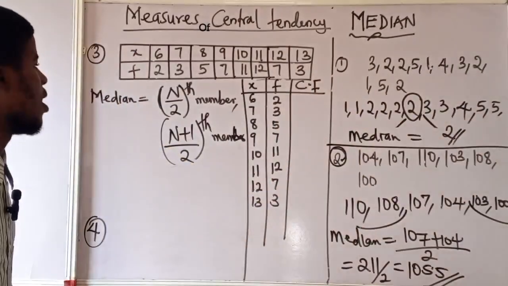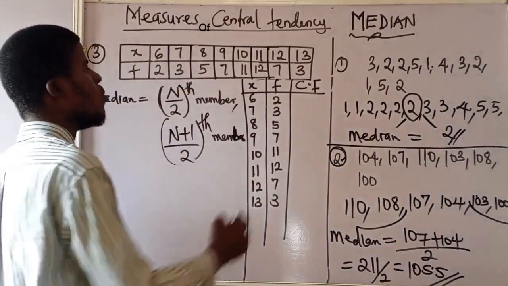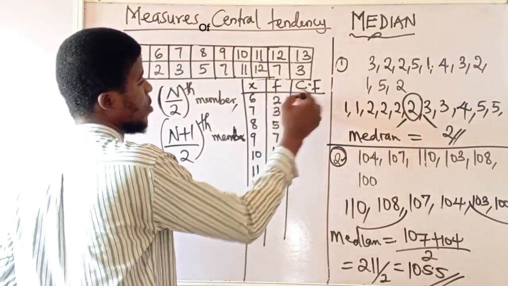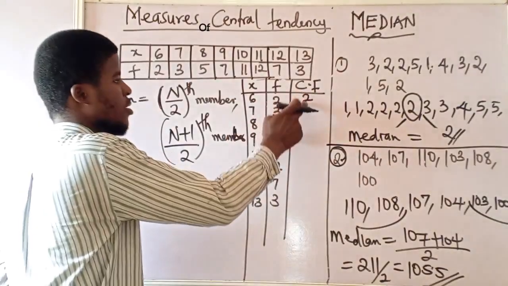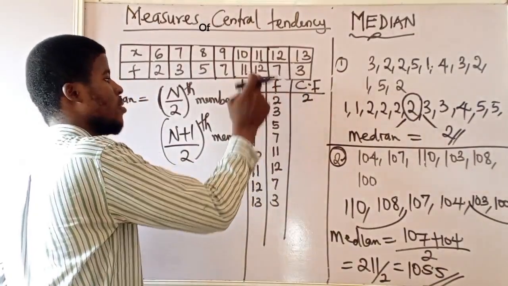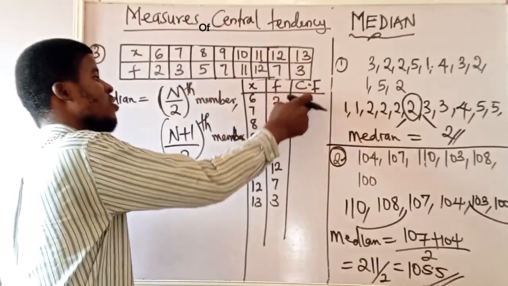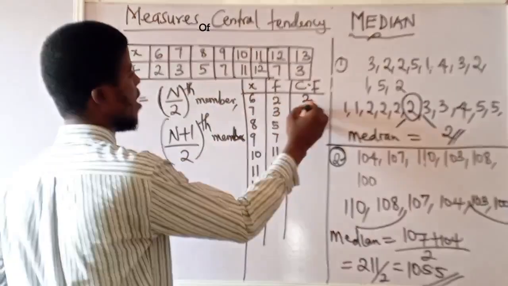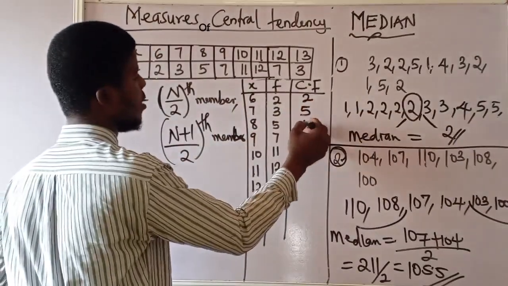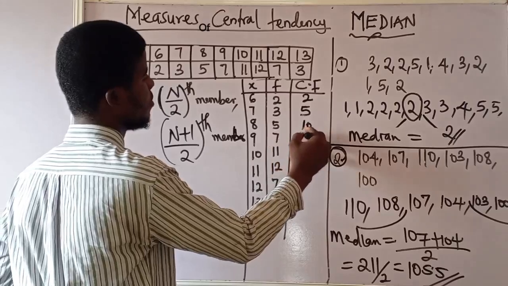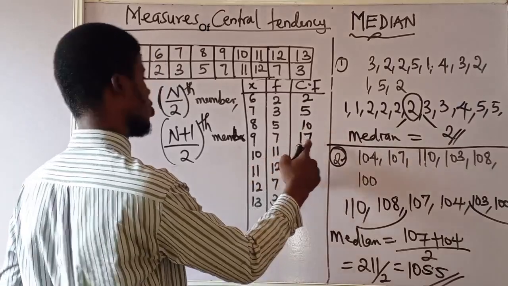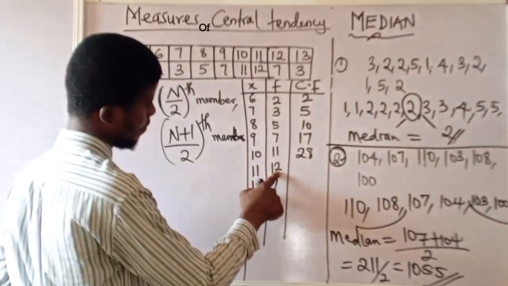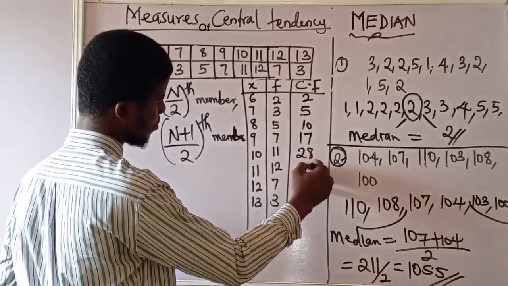Cumulative. Okay, look at it. The cumulative frequency of the first value that we have here is still the frequency, 2. So to get the second one, we say 3 plus 2, that's 5. 5 plus 5, that's 10. 7 plus 10 is 17. 11 plus 17, that's 28. 28 plus 12, that should be 40.